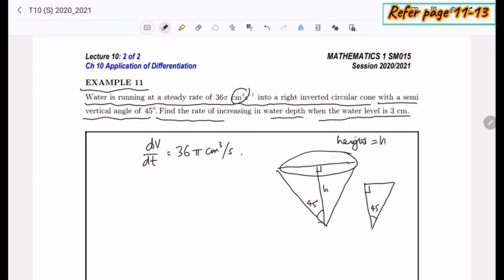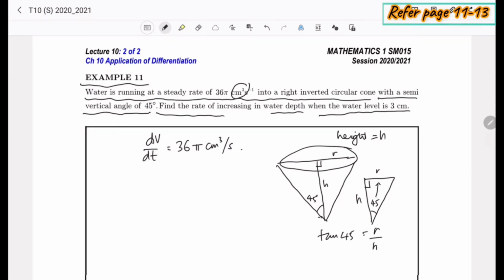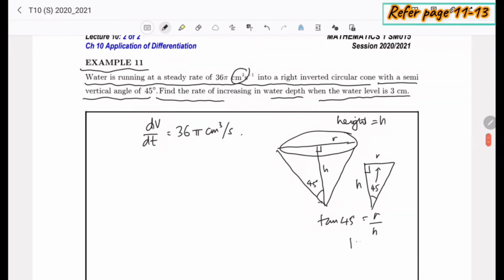So this is h. This is your radius. So we have tangent 45, so this is the opposite, so r over h. Tangent 45 is 1. So r over h is 1, so we get h equal to r. So find the rate of increase of water depth. So we need to get dh/dt when h is 3 cm.